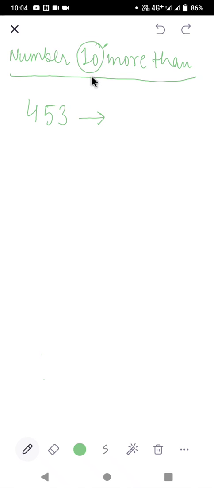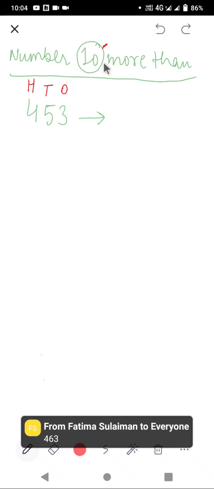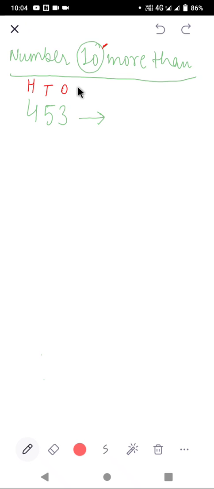So this is the ones, tens, and hundreds place. How many tens do we have to add in this? We have to add 10 in this.